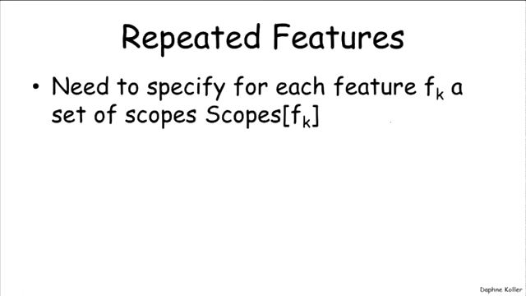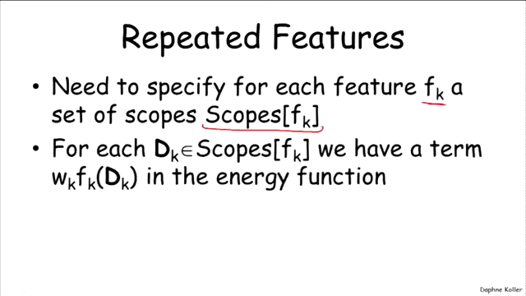What we basically need to specify for a given feature that we want to reuse is a set of scopes, that is, the set of scopes to which we would like it to be applied. Let's assume that dk is one of the scopes to which we would like to apply the feature k. So our energy function is going to include a term wk fk of dk.